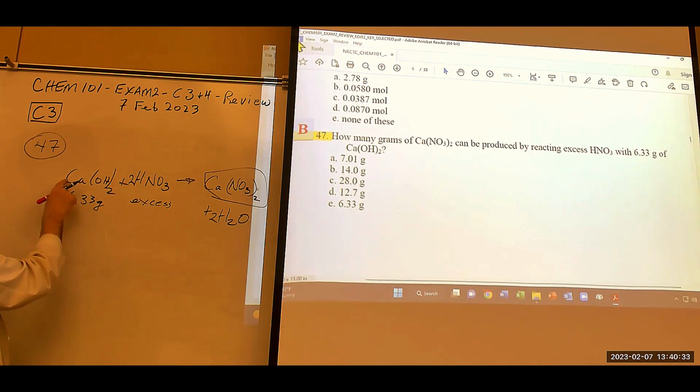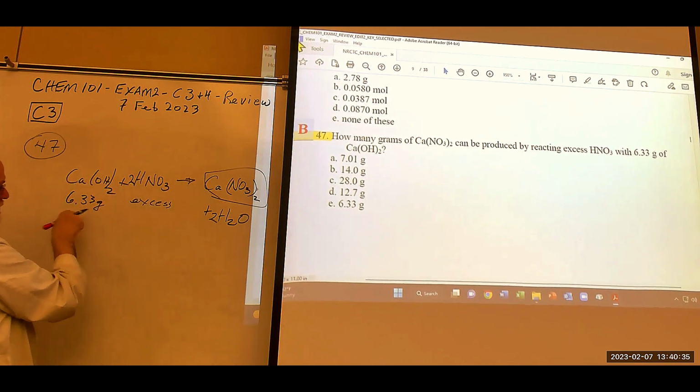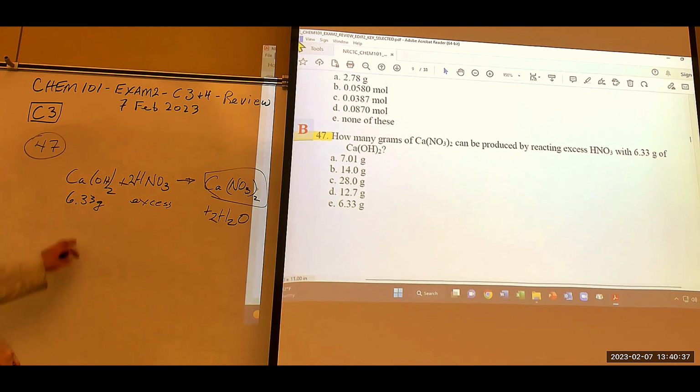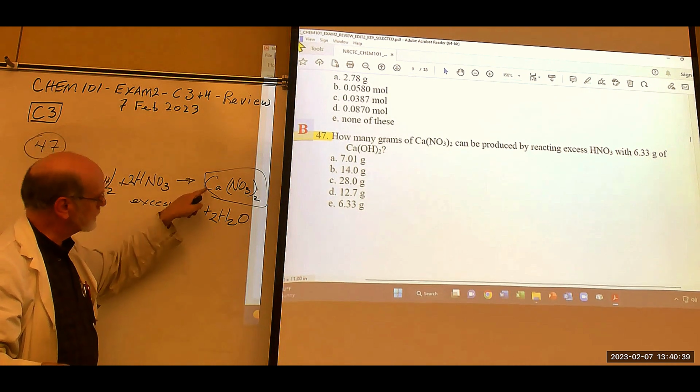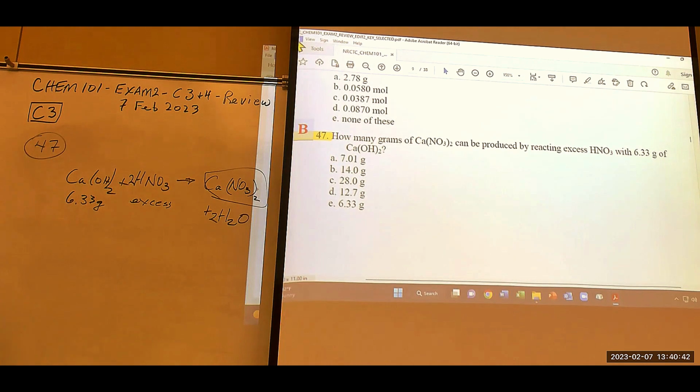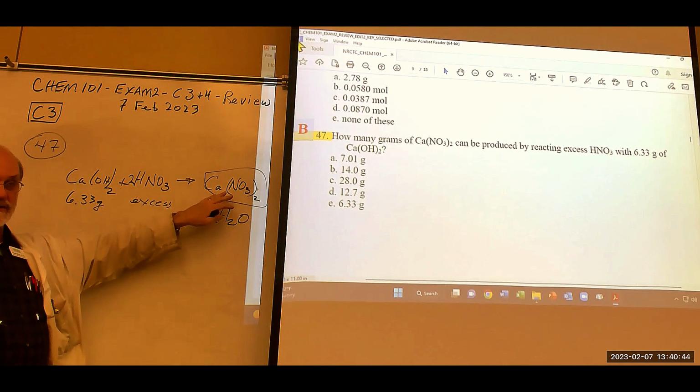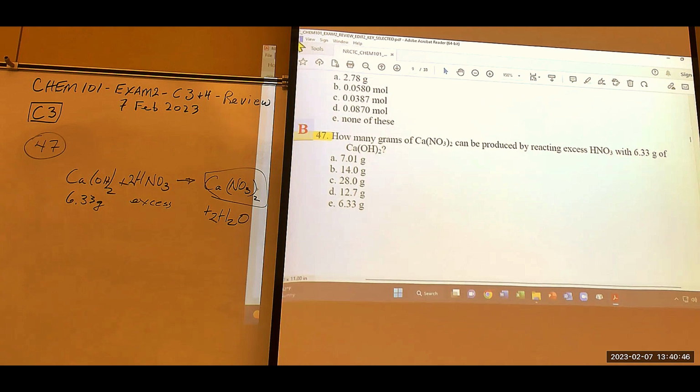Use the 1 to 1, right? It's the same number of moles. And then convert the moles of this into grams using its molar mass.